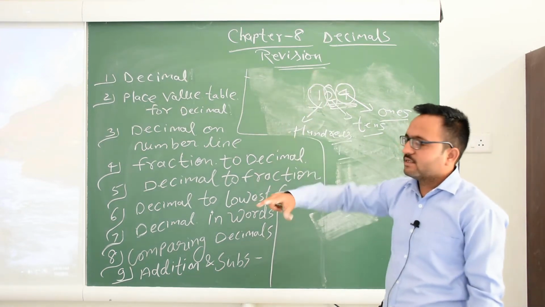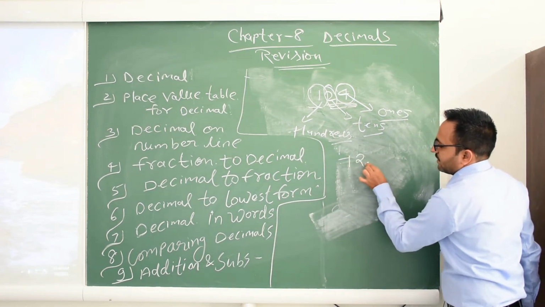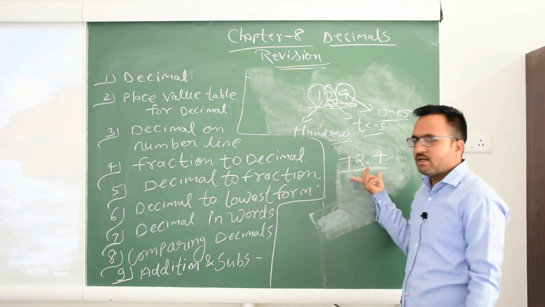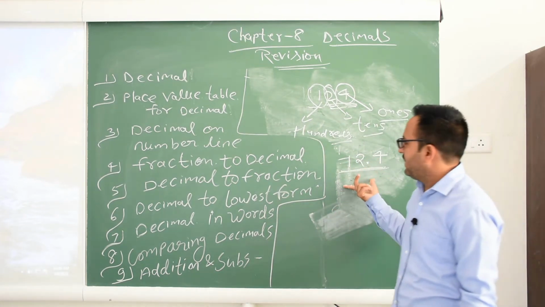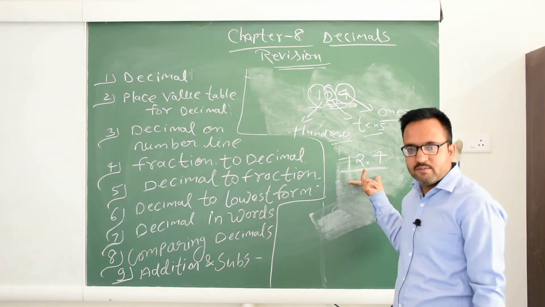But in the case of a decimal number, first we write the decimal number, 12.4. So how do we write place value in a decimal number?